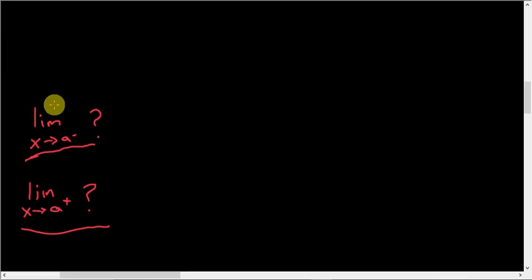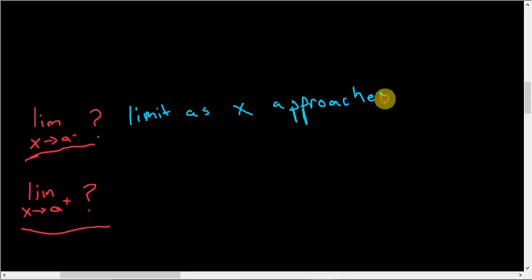Let me get a different color. This builds upon what we were learning before. It's just saying, what's the limit as x approaches a, where a is just some arbitrary number. So what is the limit as x approaches a from the left?